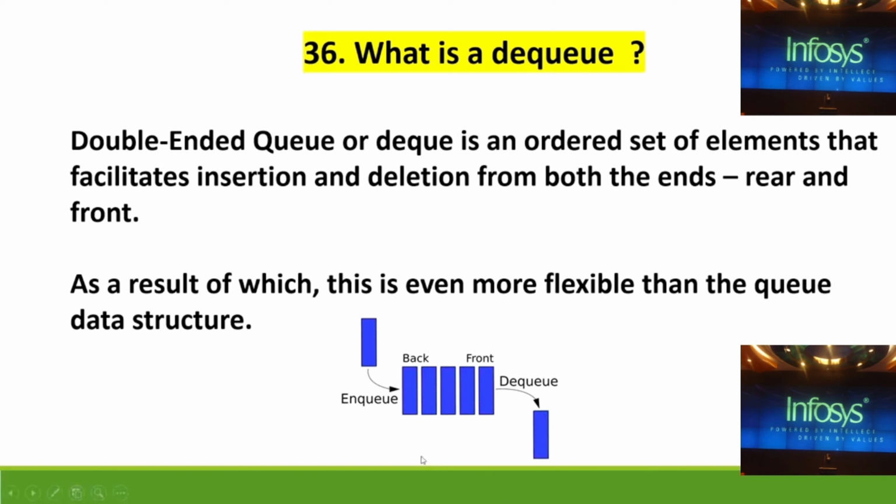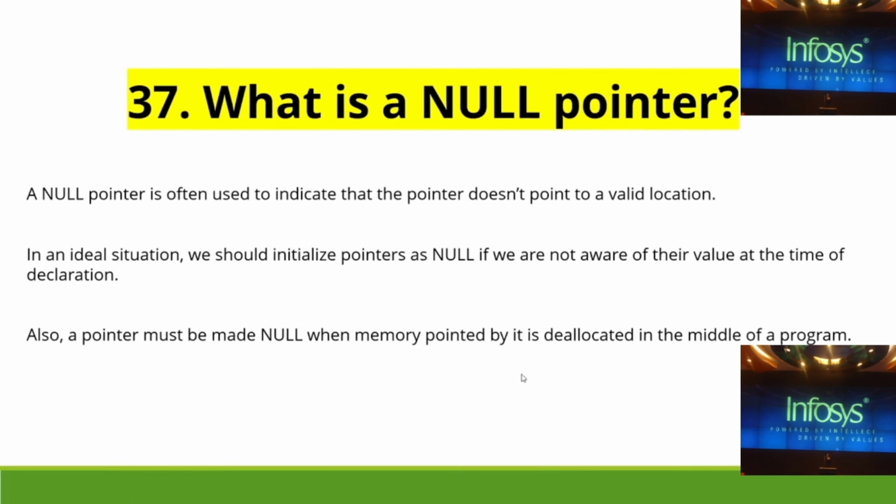In a queue, elements are inserted at the back side and deleted from the front side. So that is the purpose of a DQ.